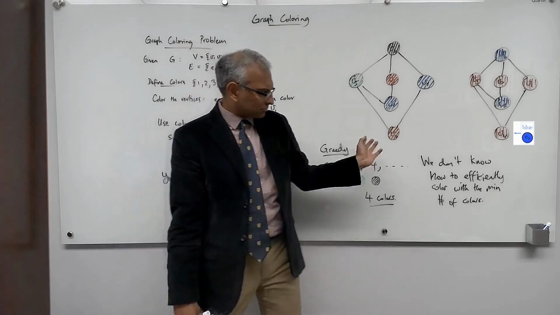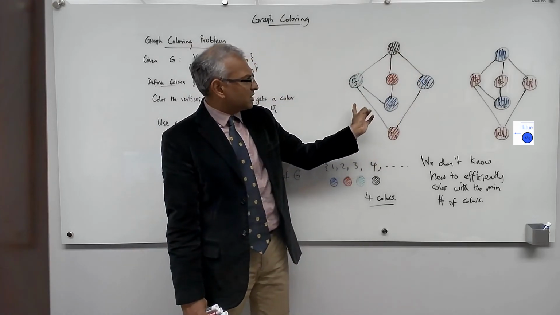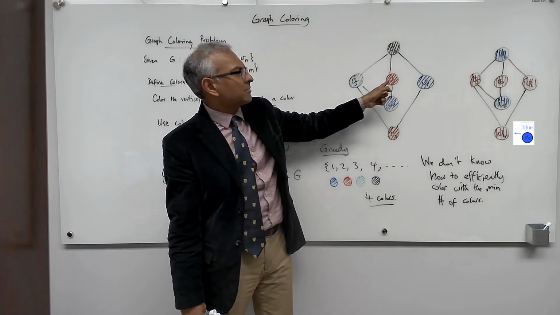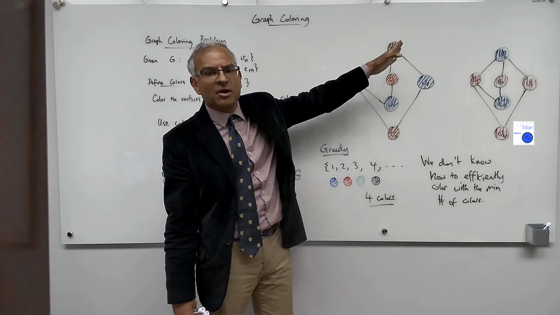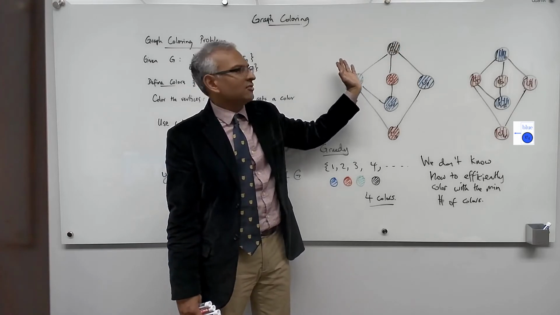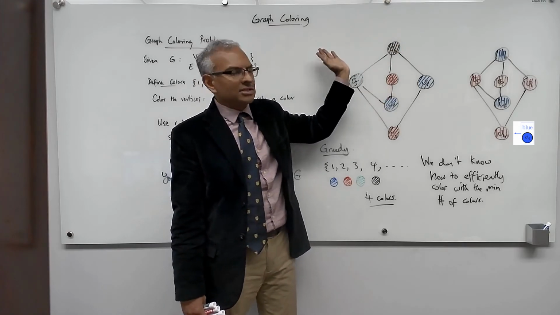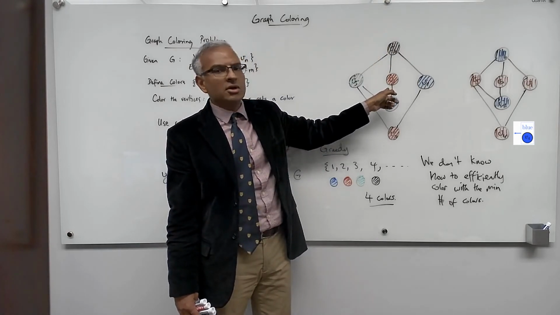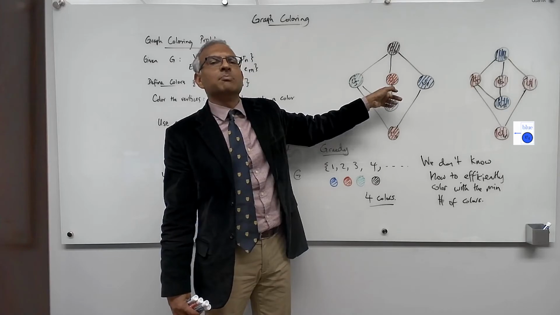By the way, from this algorithm, you can see that whenever it's time to color a vertex, at most all its neighbors have been colored. So if it has degree delta, then delta colors have been used, and so you'll never have to color a vertex with a color higher than its degree +1.